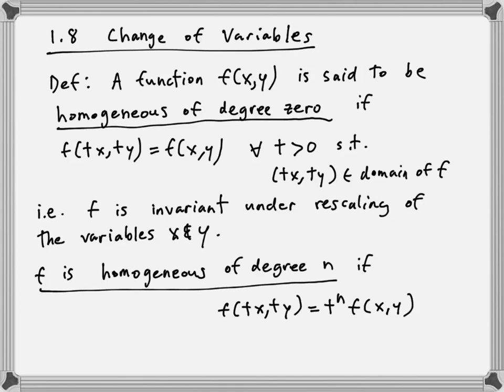Okay, so you could see why if n is 0, that's how you get the definition above. So f could be homogeneous of any degree, but the one that we're going to see in this section is degree 0. So how do you check that something is homogeneous of degree 0? Well, you could just plug in tx and ty and show that it works. So let's do an example really quick.